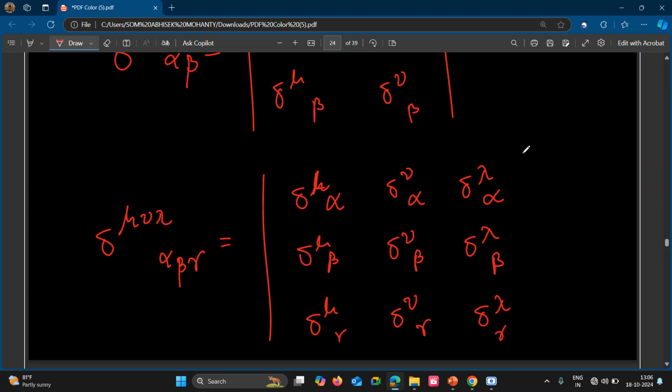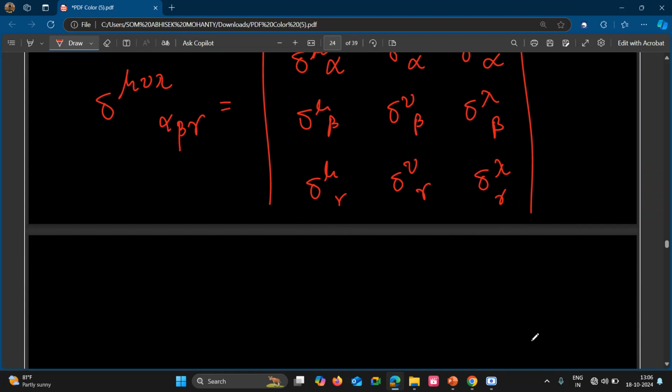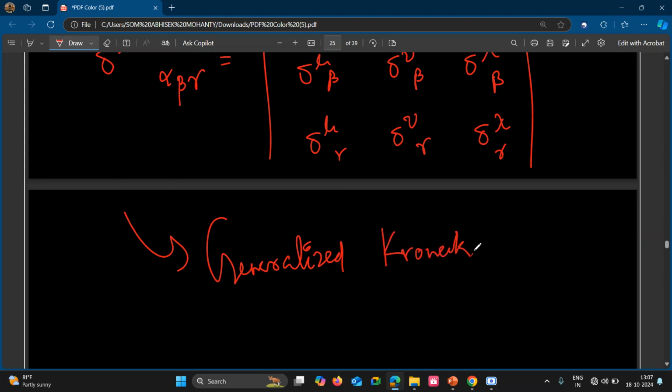Very good, that's what it is. That's the way to understand it. Very simple, you can really do it. So these are the generalized Kronecker delta tensors.